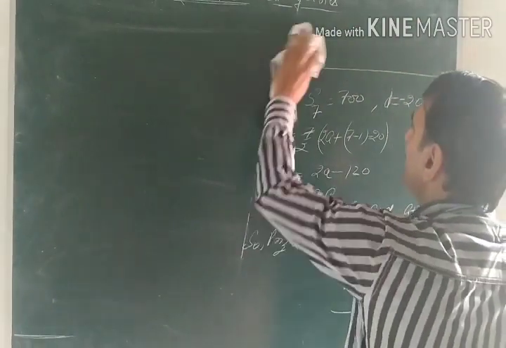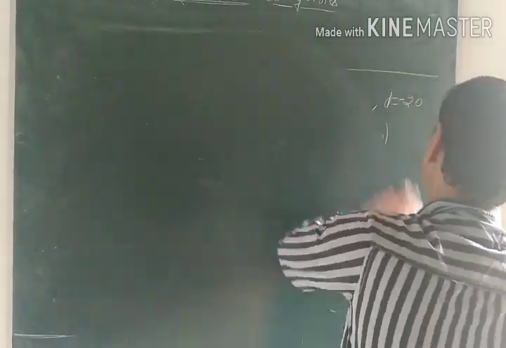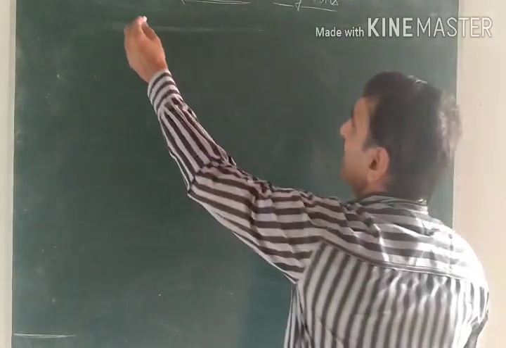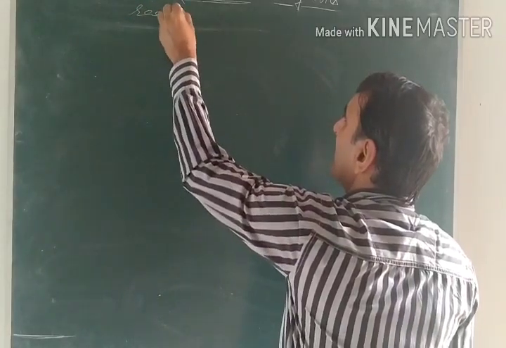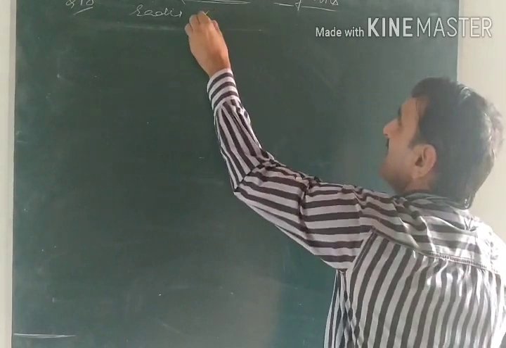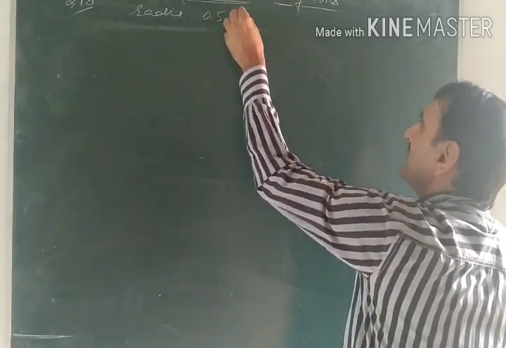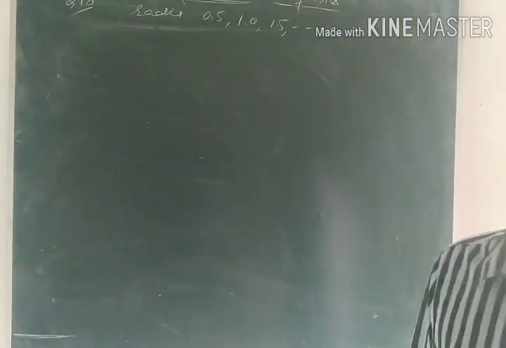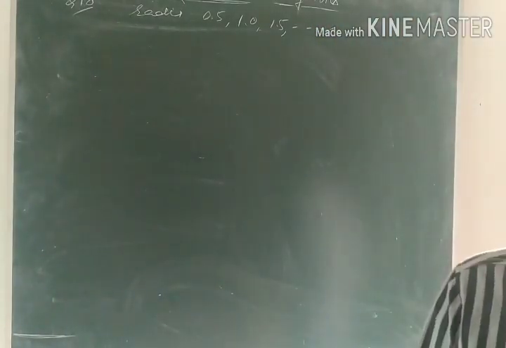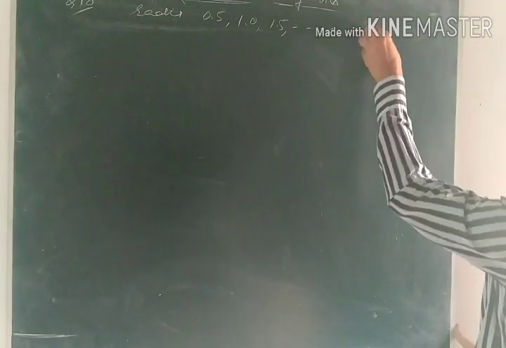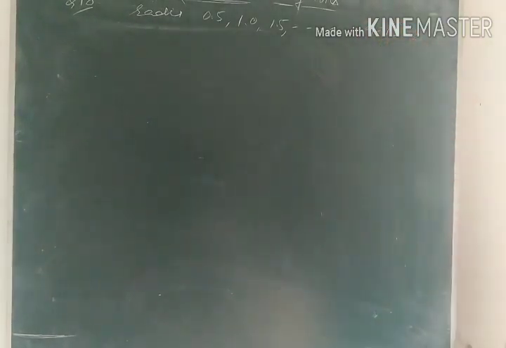In the spiral, the radii are 0.5, after that 1.0, after that 1.5, and such types. This spiral continues for 13 consecutive terms, so n is equal to 13.